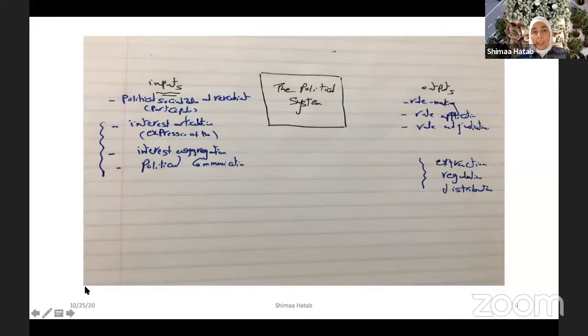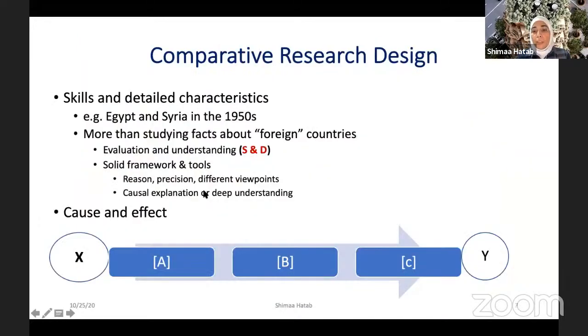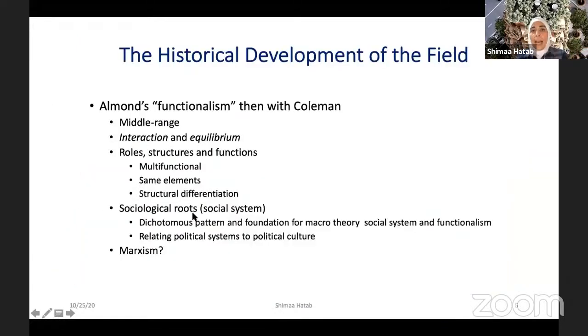So it's still functional. He kept the emphasis on inputs and outputs. It's still functional analysis. From these outputs, you can tell to what extent the regime or the political system responds to people's or groups' demands.